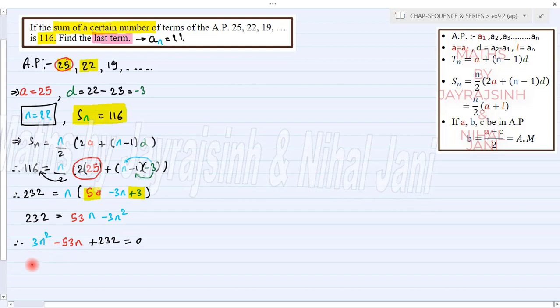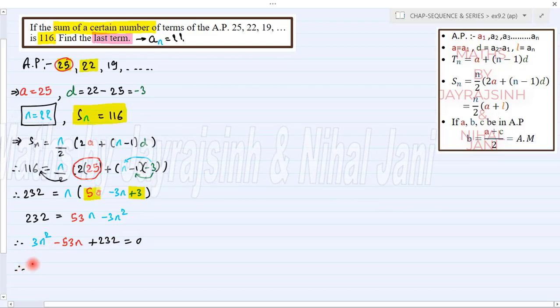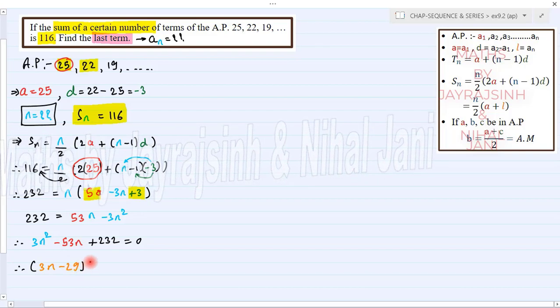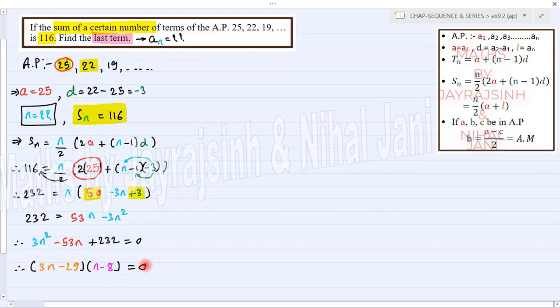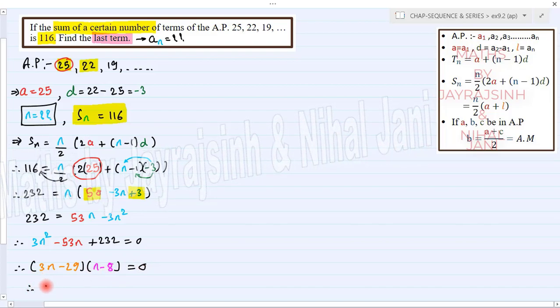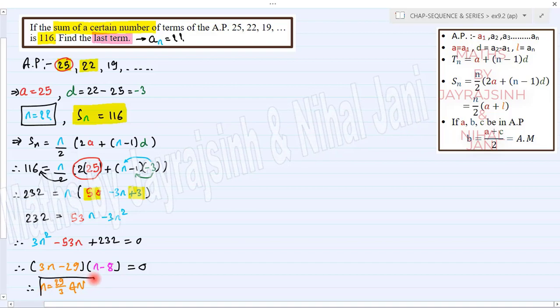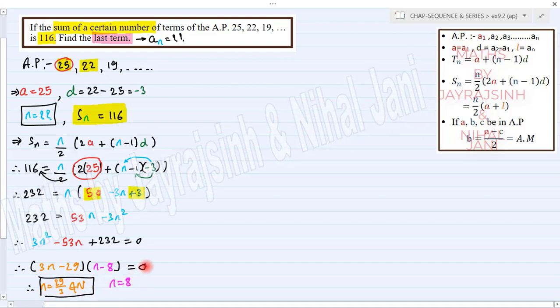So we get a quadratic equation which can be factorized as 3n minus 29 and n minus 8 is equal to 0, which will give us n equal to 29 by 3, which is not an integer number. So this option is not possible, and n equal to 8 is an acceptable answer.